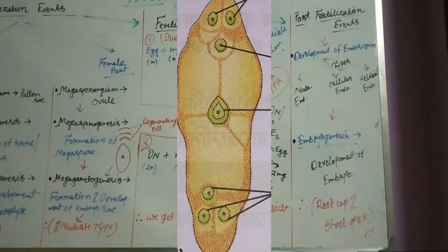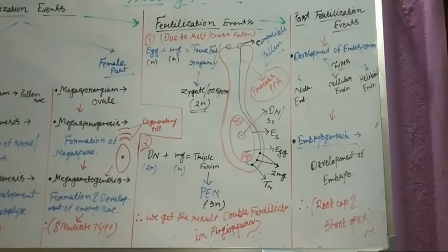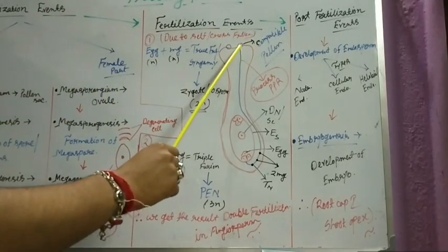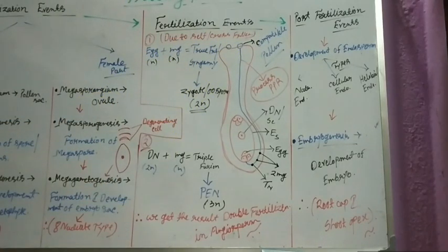Then the fertilization events. Through the process of pollination, the pollen lands on the stigma. This is the stigma portion, on the stigma of a female flower.